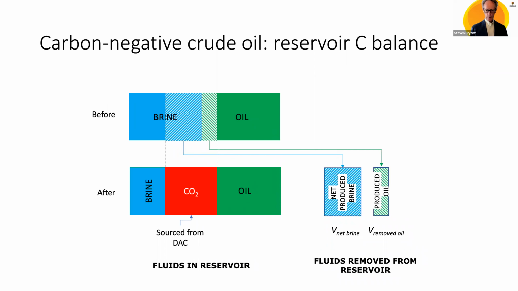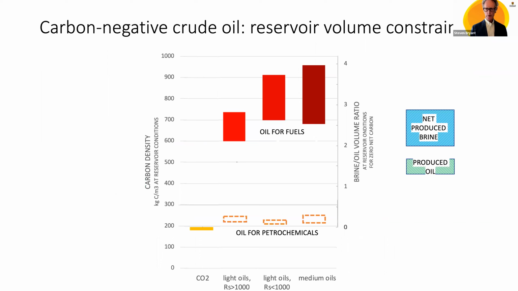One way to think about that is to look at the carbon density of the fluids in the reservoir. What we're showing here on the y-axis is kilograms of carbon, just carbon atoms, per cubic meter of fluid. The fluids we're looking at are CO2 and oil, and these are the densities at reservoir conditions.